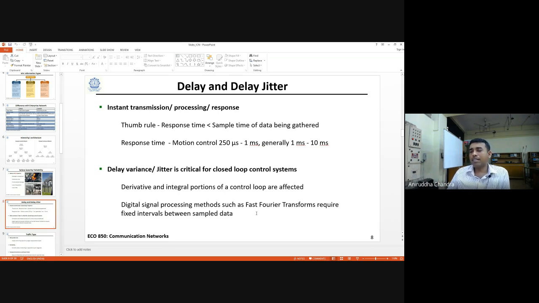The second thing is the response time, which is of the order of milliseconds. And sometimes it can go down to microseconds as well, when there are very high speed rotating things. I was talking to one of my colleagues in the aerodynamics lab of IISc Bangalore, and they were dealing with a high-speed rotor blade of a helicopter.